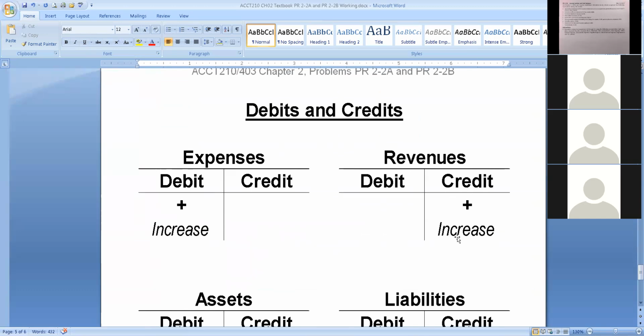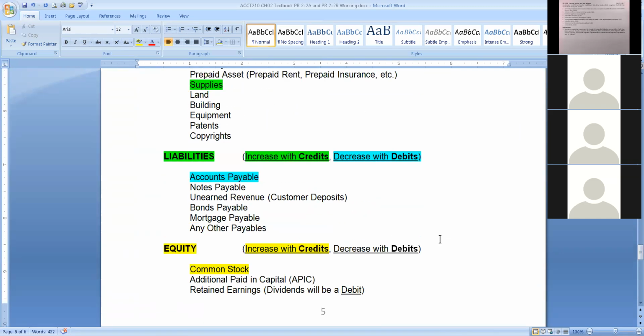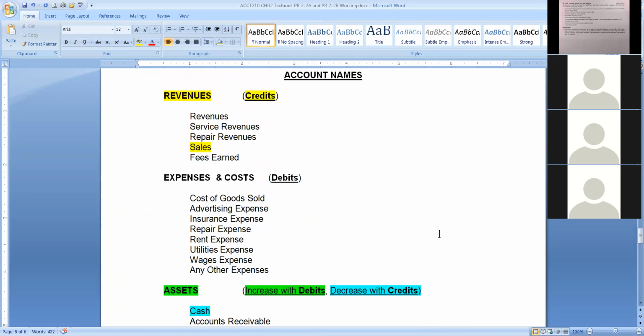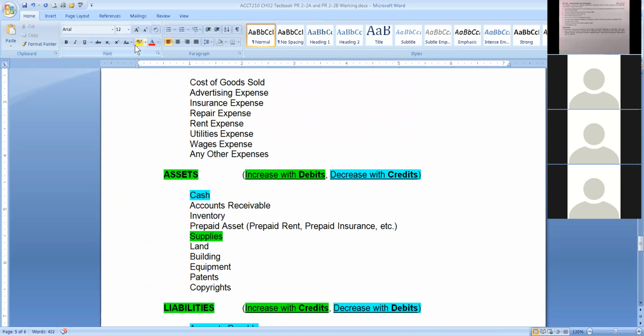They increase with a credit, but they're always increasing, like I say, unless there's an error or something. Okay, so we have sales that's going up, and we have cash, an asset, and it's going up.